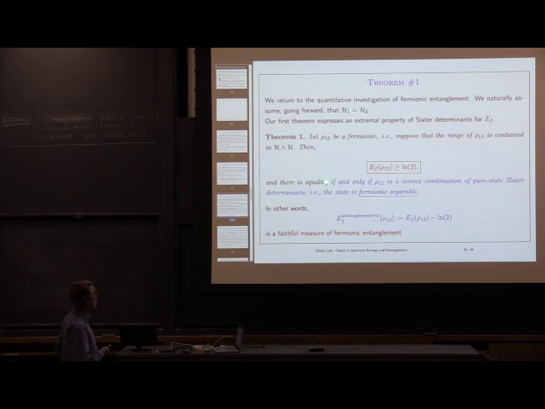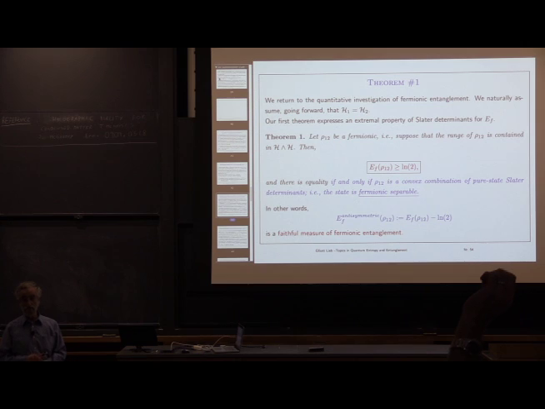So that's the theorem. That's the minimum that you can possibly have, and it's not 0. And there's equality here if and only if rho 1, 2 is a convex combination of pure Slater determinants, i.e. the state is fermionic separable. Let's put it that way. That is, it can be written not as a simple product, but as an antisymmetric product, a sum of such things. That's what I mean by fermionic separable, and that's the terminology that's used in the literature.